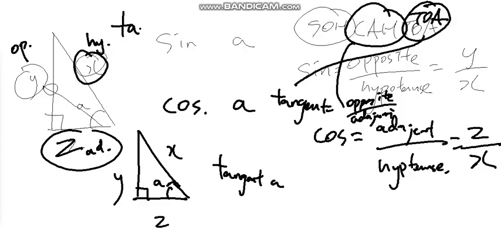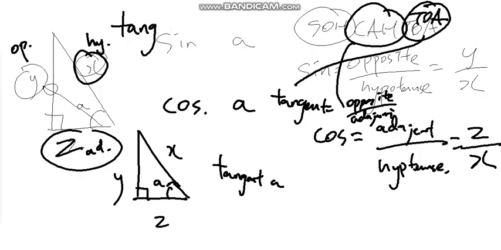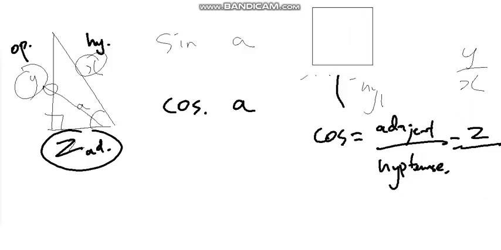Let me write that again. Sorry, this is my first video, so everything's kind of messy. Opposite out of adjacent. The adjacent one is z, so we plug that in, and the opposite is y. So y out of z. It's very simple once you get it. So just remember SOHCAHTOA and your life will be a lot easier, trust me.